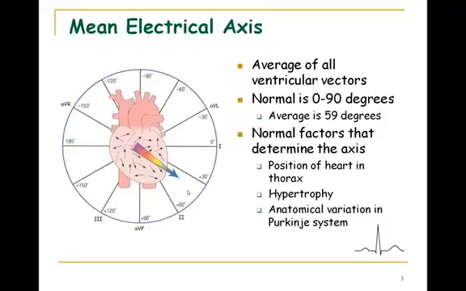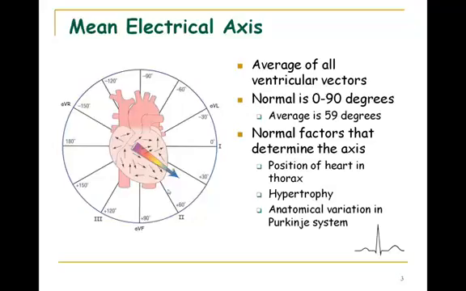So why should we even bother to measure this? Well, the average direction of current flow can change under certain pathologic conditions. So it's important to kind of have an idea if it's shifted. So different things can shift it.